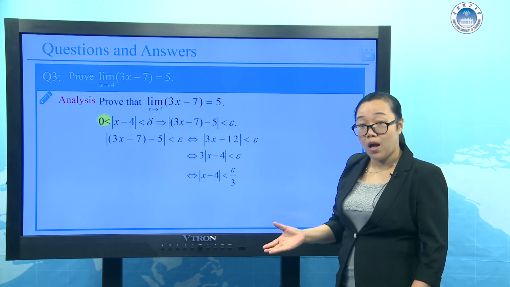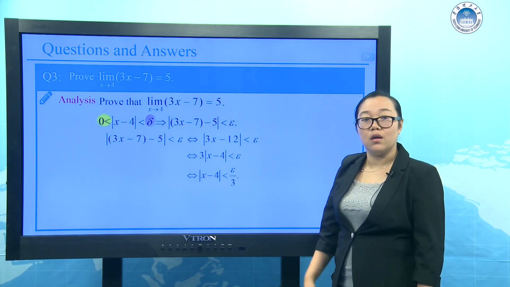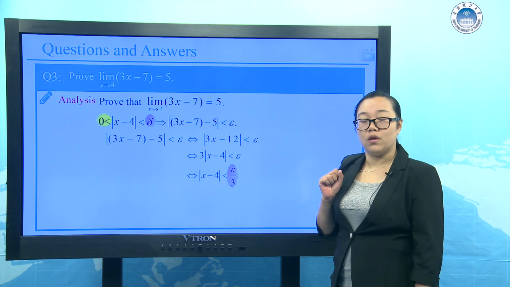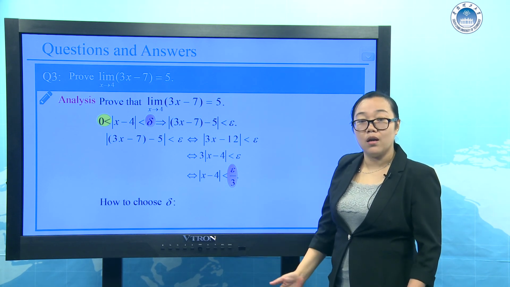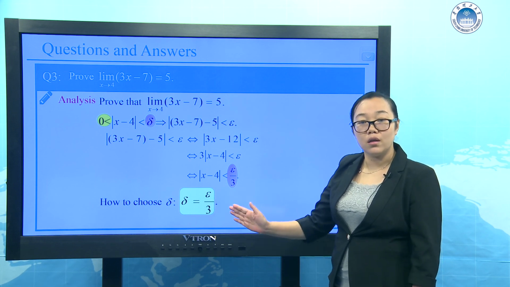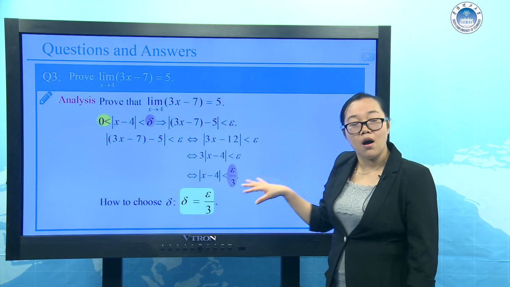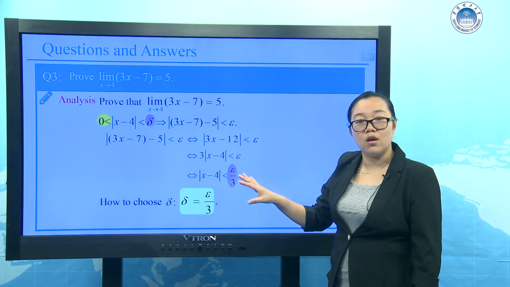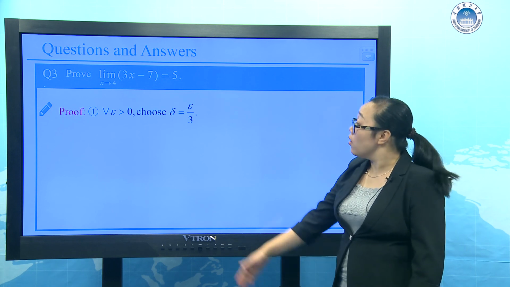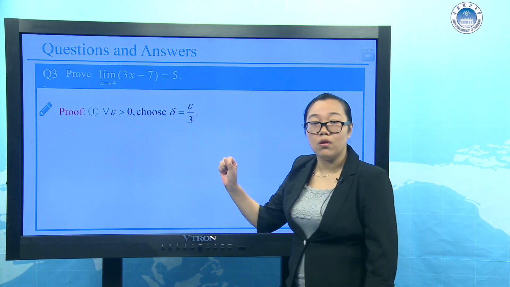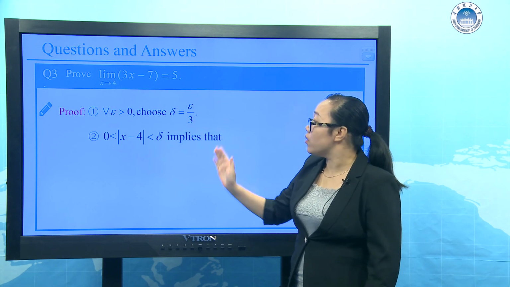We have built up the relationship between epsilon and delta. So how to choose delta? We have the idea: take delta equals epsilon over 3. According to the analysis process, we have the correct proof. For epsilon greater than 0, we can choose delta equals epsilon over 3.